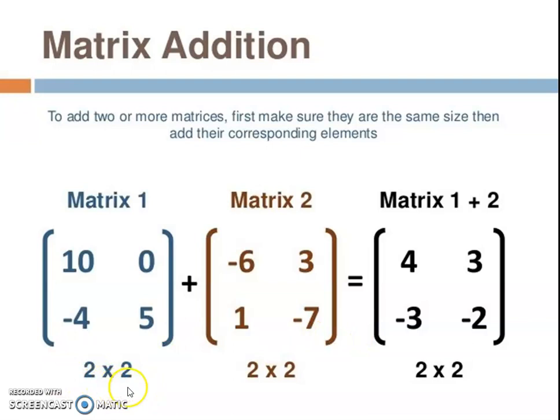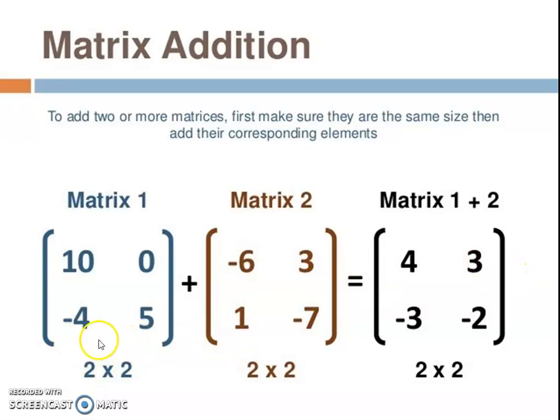So the order is the same. 2 by 2 is the order of the first matrix and 2 by 2 is the order of the second matrix. 10 minus 6, what do we derive? Plus 4, because minus 6 plus 10 always gives the value 4. 0 plus 3: 0 added to anything, the answer will remain the same, that is 3.